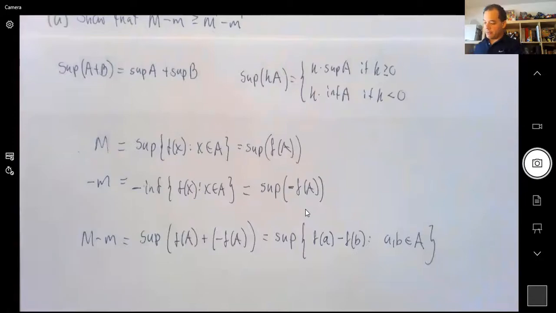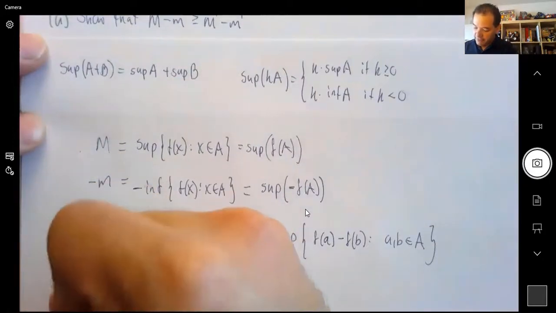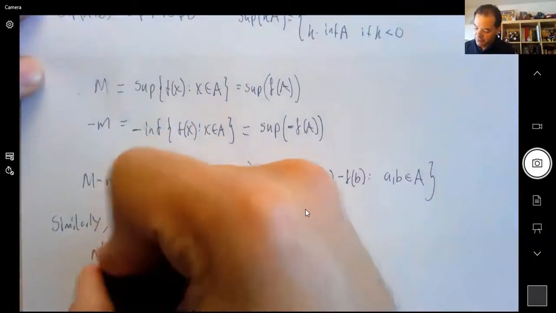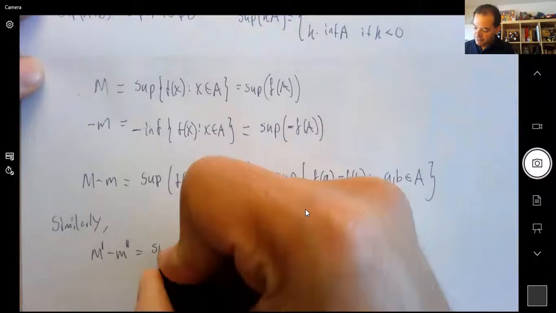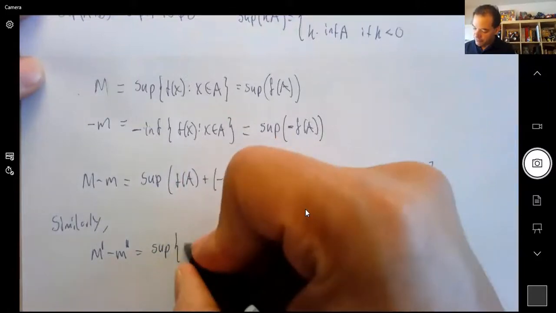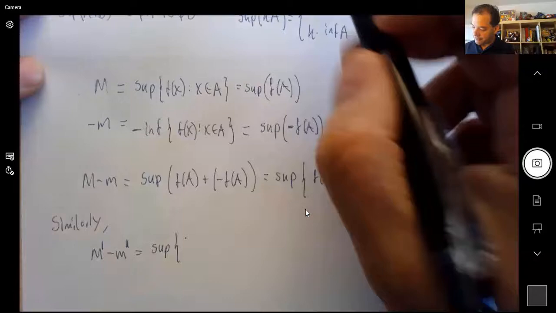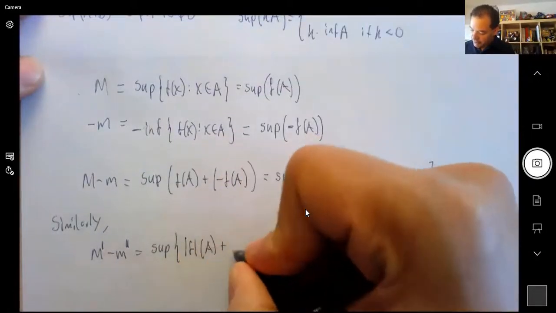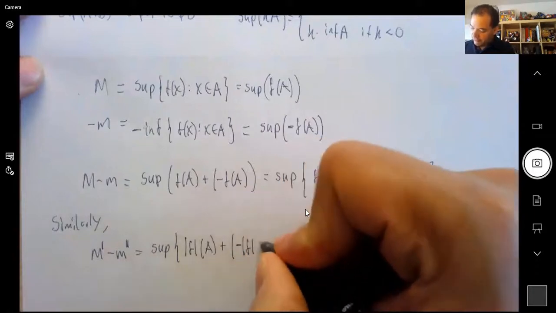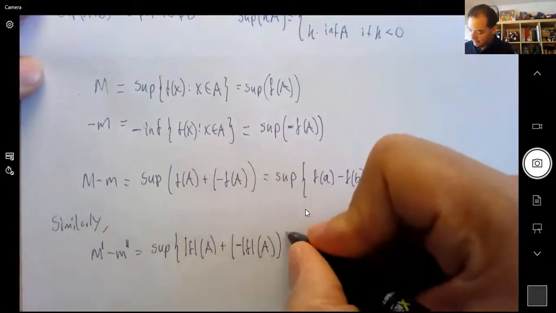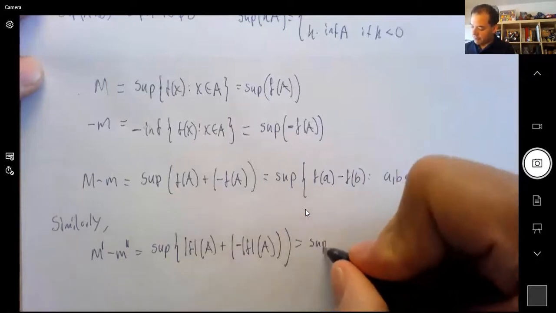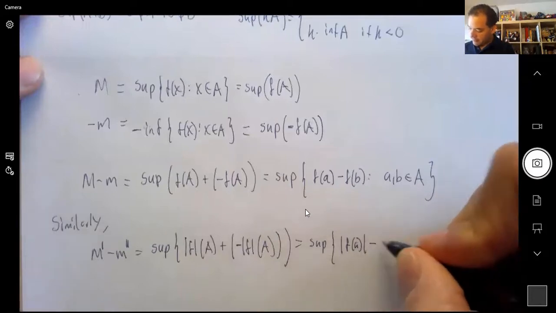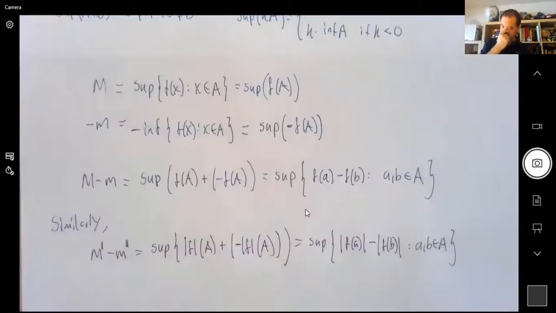And if I do it now with the primes, similarly, m prime minus little m prime is going to be the supremum. This time the difference is that we have the absolute value function. So it's really the absolute value function evaluated in A plus the negative of the absolute value function evaluated in A. So that's the supremum of the absolute value of f of a minus the absolute value of f of b.